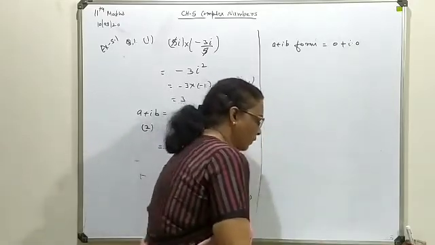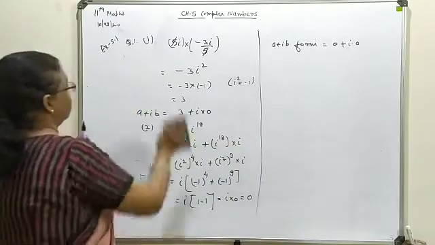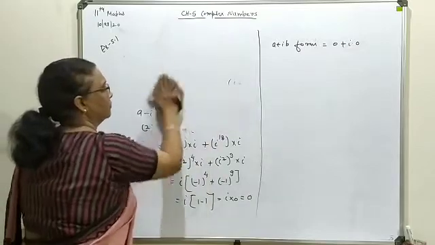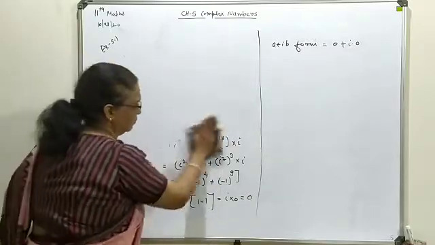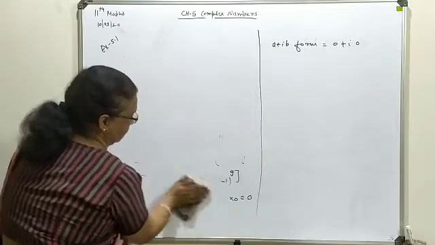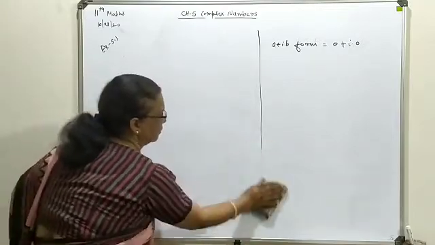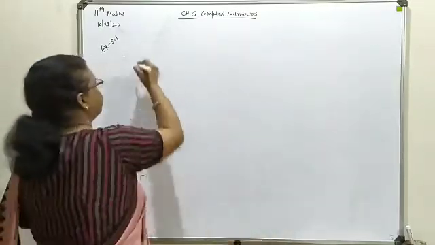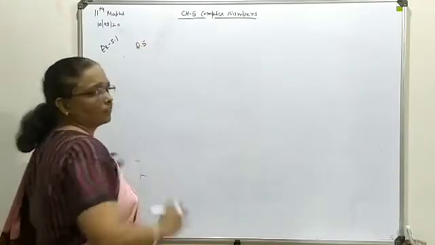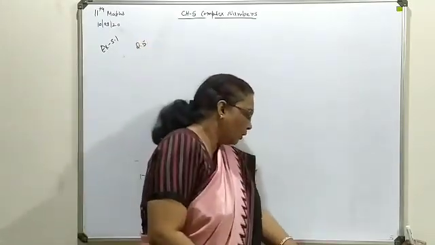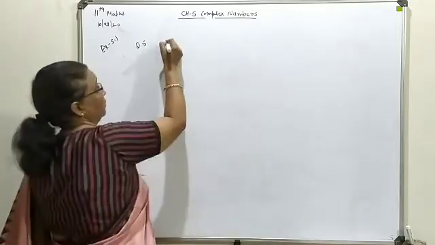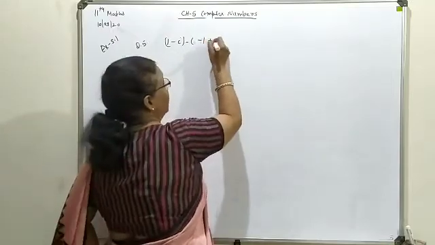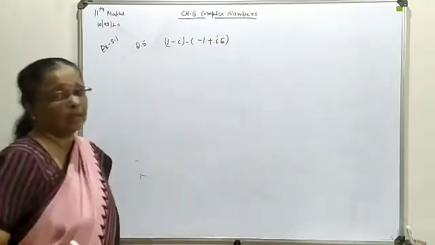Now next we are going to attend question number 5. In the fifth one, you see 1 minus iota minus 1 plus iota 6 is available as a question form.